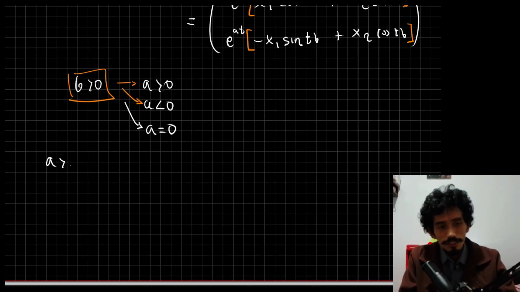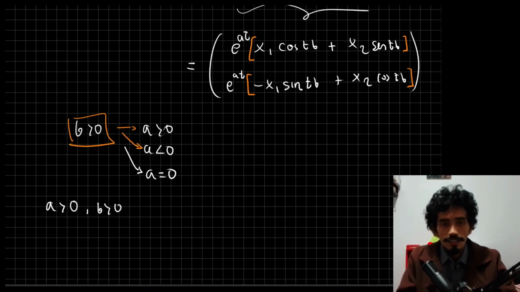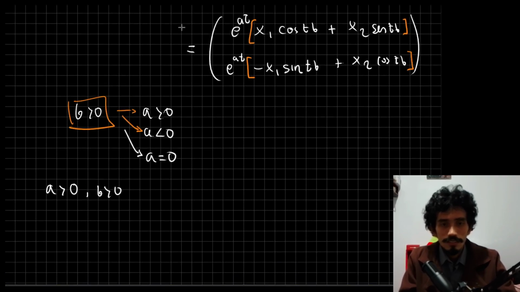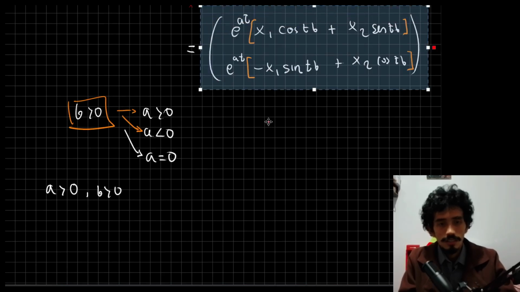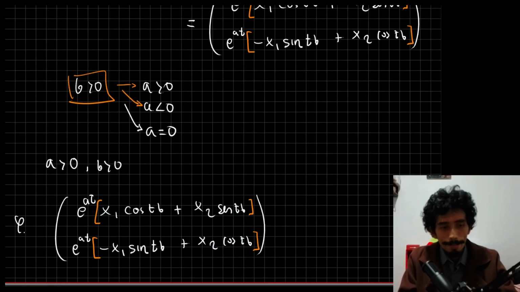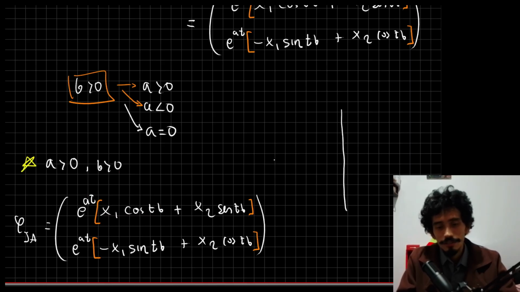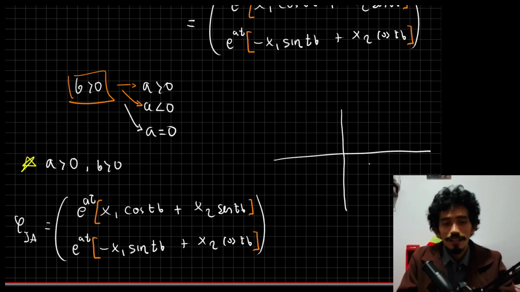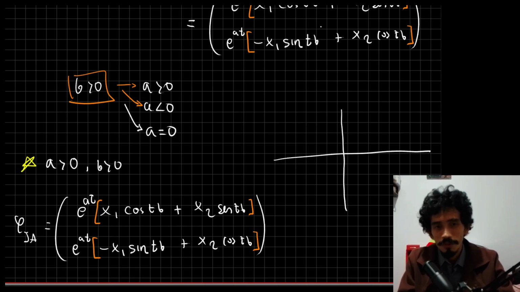The first case will be a is positive and b is of course also positive. What happens here? Let me copy this real quick. So this is the flux, and now a is positive, so this is the exponential of a positive constant times t, and b is positive. This is the first case. So let's try to analyze what's going on here. Let's say we fix some point.